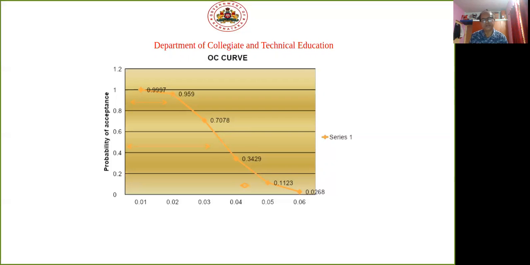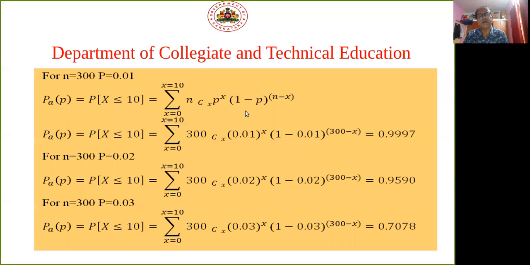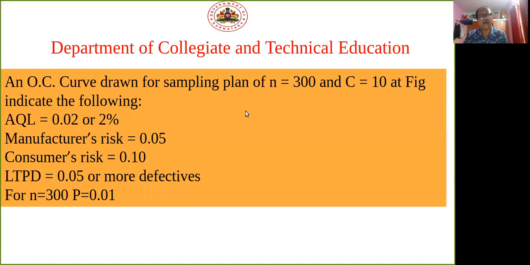We need to create this formula in the calculator, and just by putting the values of p, that is 0.01, 0.02, 0.03, 0.04, 0.05, 0.06, like that, you will get the value of Pa. Then you draw the curve with those values, and that's how we can construct the OC curve.